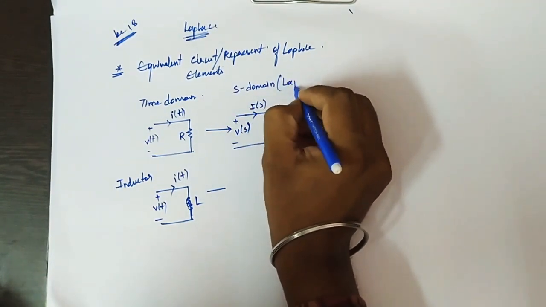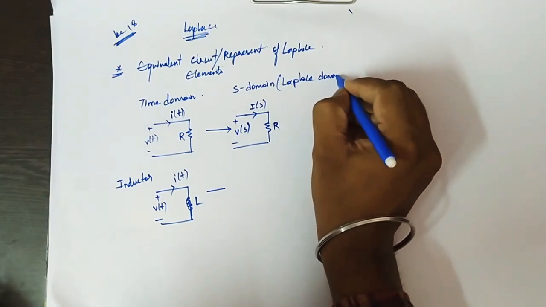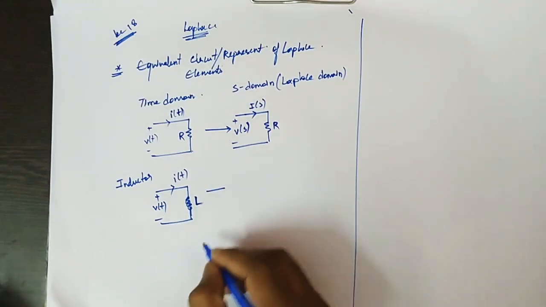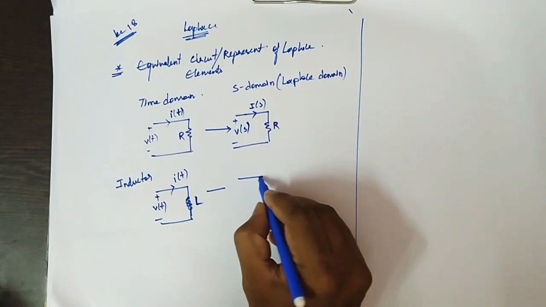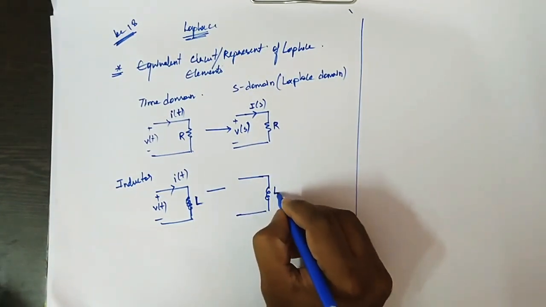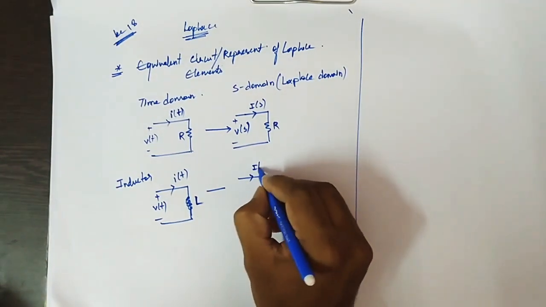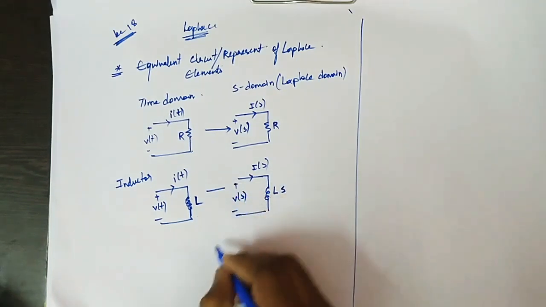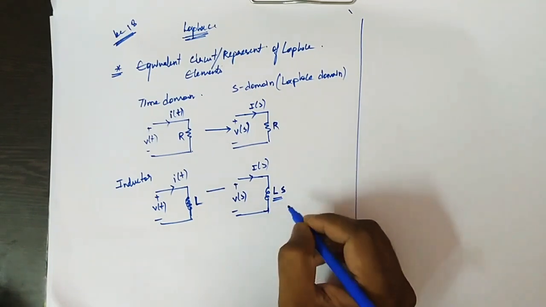So the inductor L is represented as Ls, I is represented as I of s, and V of t is represented as V of s. So L is represented as Ls.